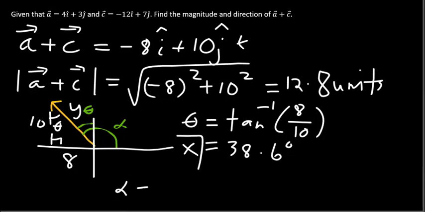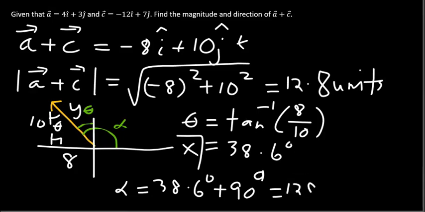So alpha is 38.6 degrees plus 90 degrees, which is 128.6 degrees. That is the direction of the vector a plus c.